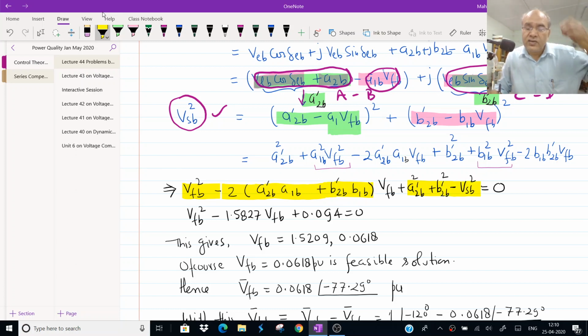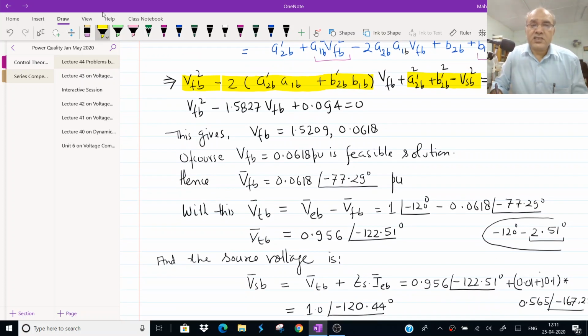So this is slightly different from the previous one because there is an angle associated with the VLB. Fine. Now solving this equation, we will get VF squared minus 1.5827 VF plus 0.094 equal to 0, and this gives the two roots for this voltage.